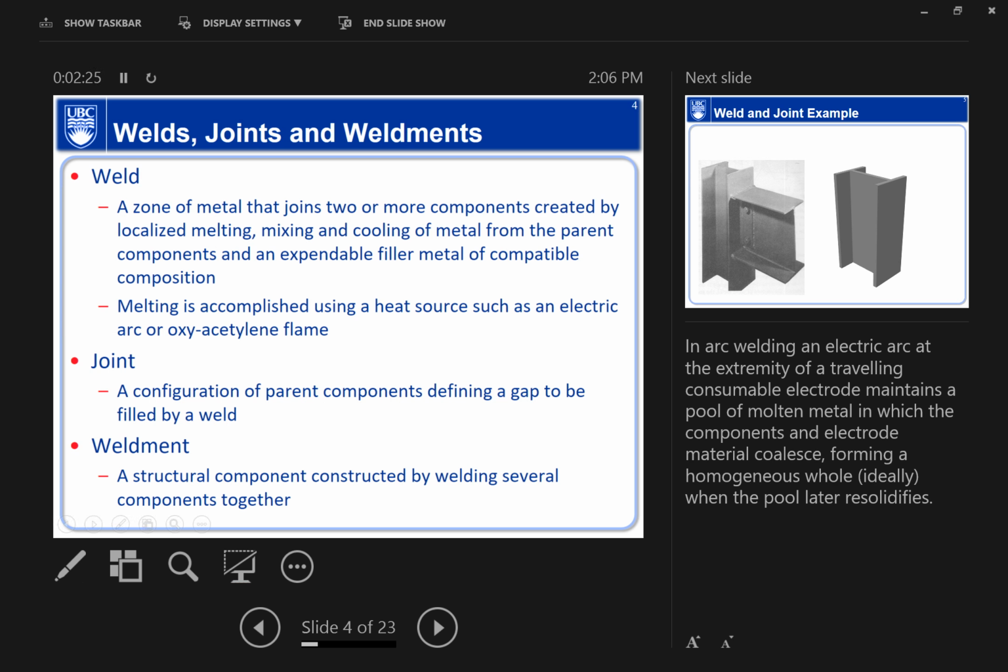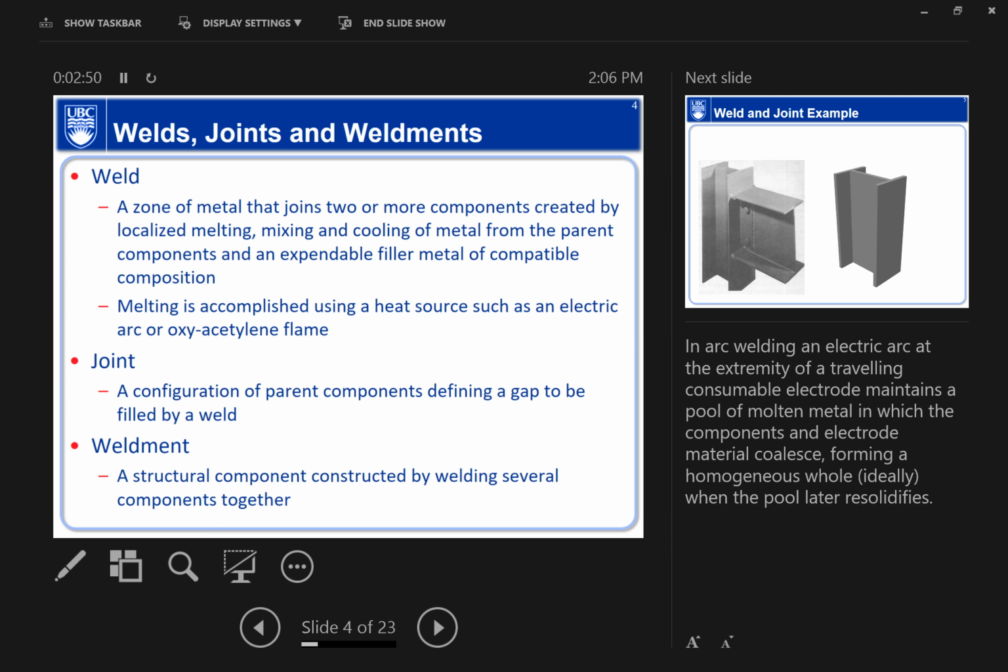Welds, joints, and weldments. What is the definition for each of these? A weld is a zone of metal that joins two or more components, created by localized melting, mixing, and cooling of material from the pairing components and an expendable feeder metal of a compatible composition.